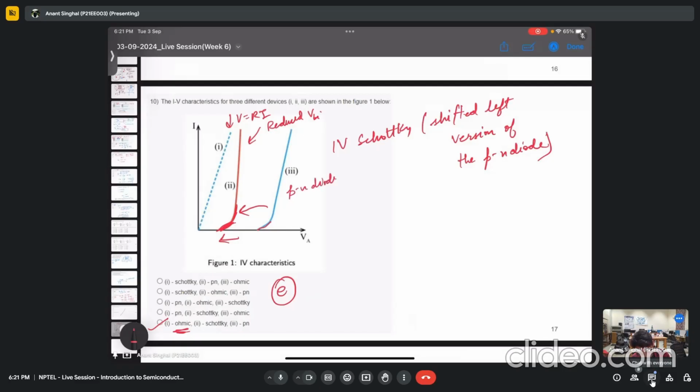Even if you go towards reverse bias, we'll have the case like this for Schottky and like this for PN. So the Schottky will bear more reverse saturation current as compared to PN. It is always left shifted for the Schottky, and the right one will be the PN if we plot it on the same axis.